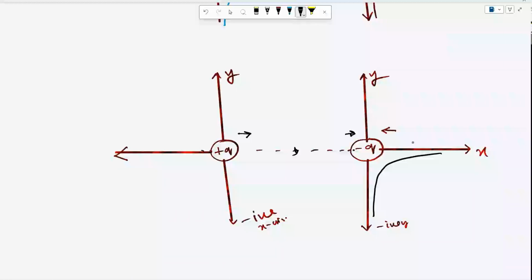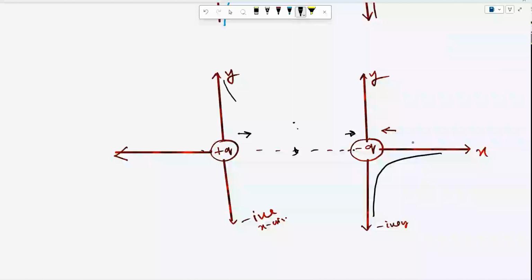So what will be the graph here? At this point I have plotted. At this point it is directed towards right, due to this minus q, because minus q is going to dominate. That's why the graph will be like this. But here at this point electric field is not 0.